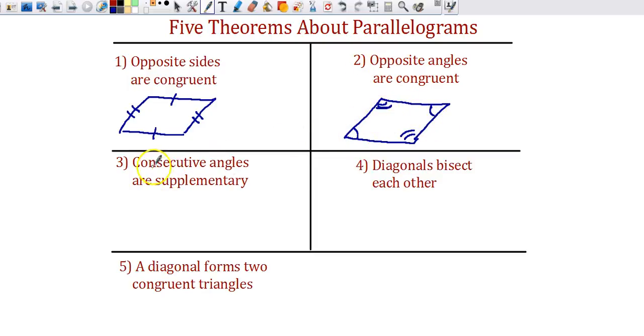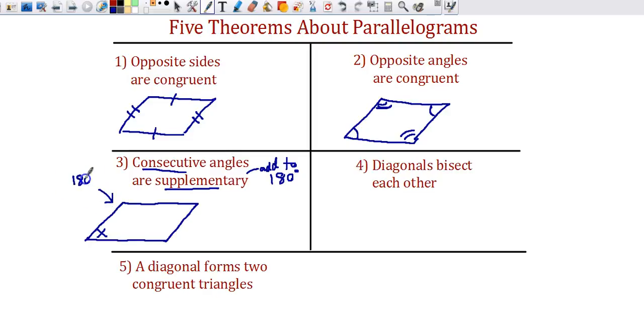Coming from that, we talk about consecutive angles. Consecutive means next to. Are supplementary. So supplementary angles add to 180. What we're dealing with here is, if I know this angle, so if I just call that x, then I know this angle is going to be 180 minus x.